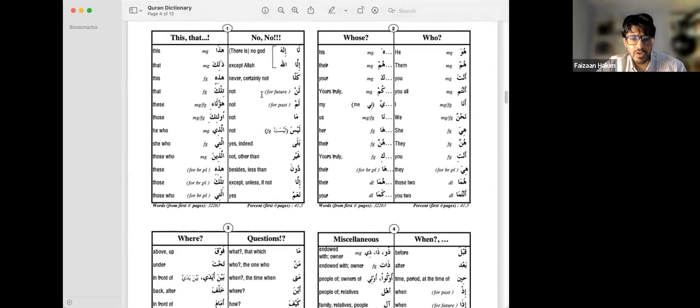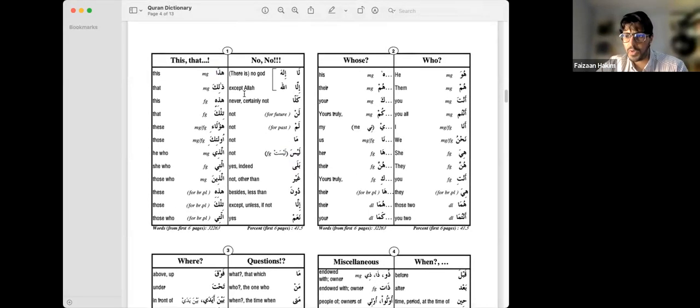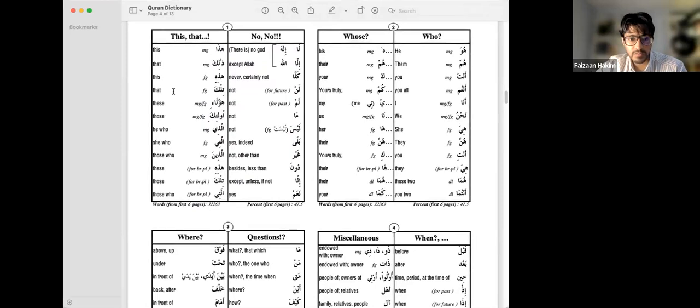Should have put over here actually, I'll go back to the slide, but there are more types of pronouns, or nouns rather. You have your pronouns. You have your demonstrative nouns, like this and that. So we need to learn these. These are very important. Then you have your relative pronouns, like the pen which is in my hand.